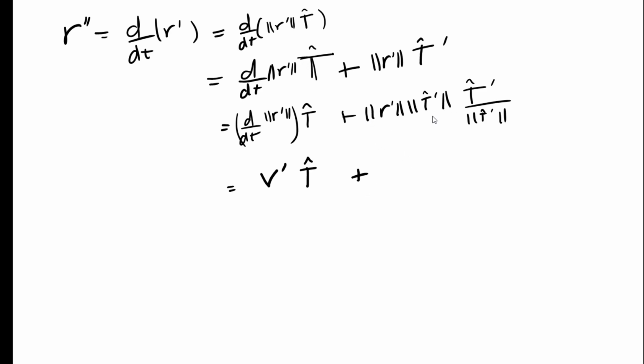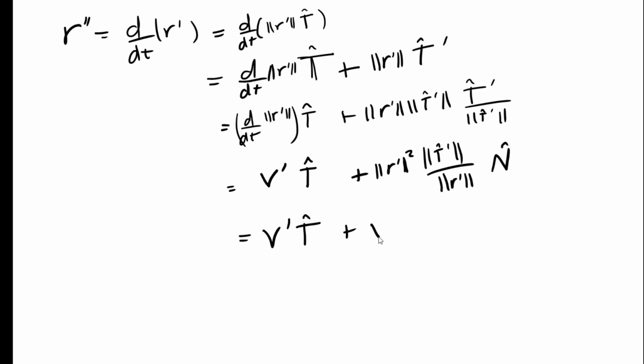Here, we know that if we square this and also divide by that, right here is the curvature. So I have v prime T plus v squared times the curvature times N.